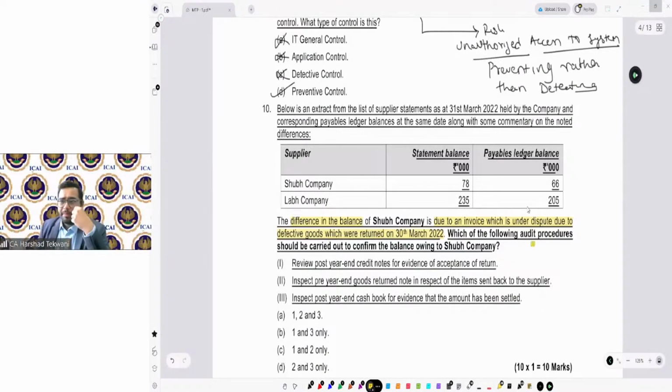Do not spend more than a minute or two. You have to give answers to the rest of the questions also. Good, Jadvi.